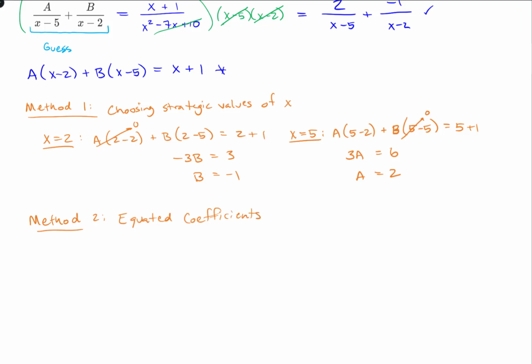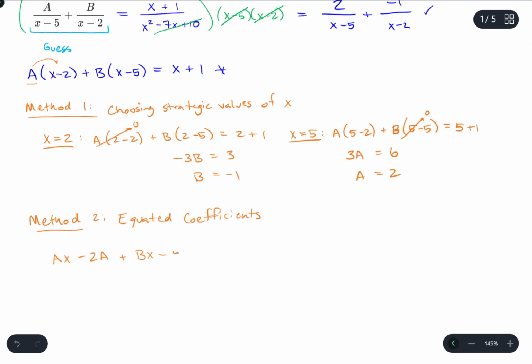Okay, the method of equated coefficients tells you to just take the original equation and work with it directly. So if I distribute A into this set of parentheses, I would have A times x minus 2A plus B times x minus 5B equals x plus 1. And then everything with an x I group together.